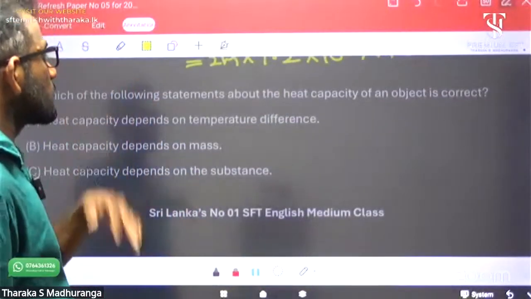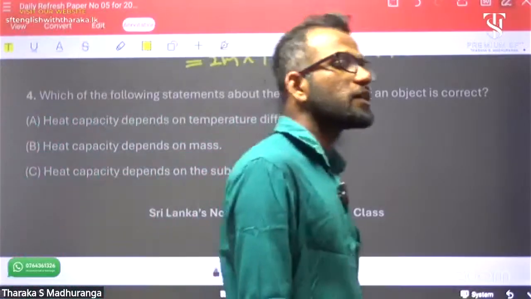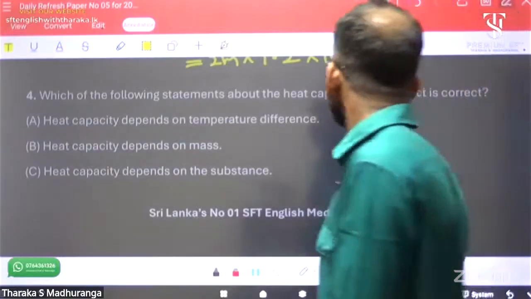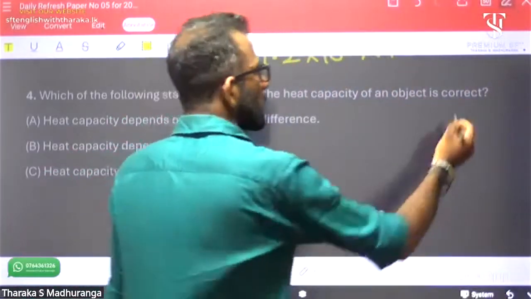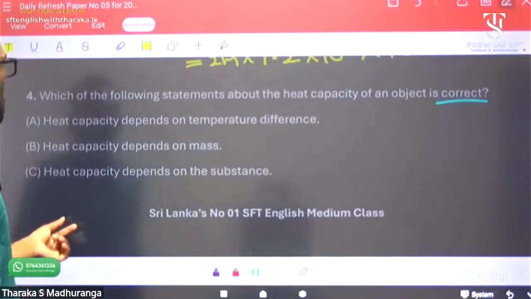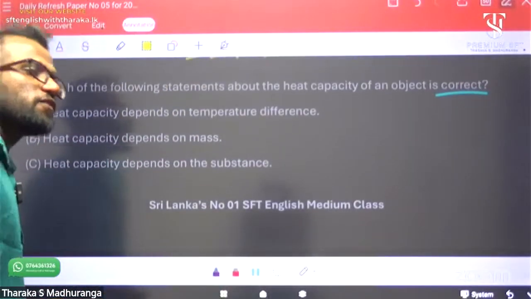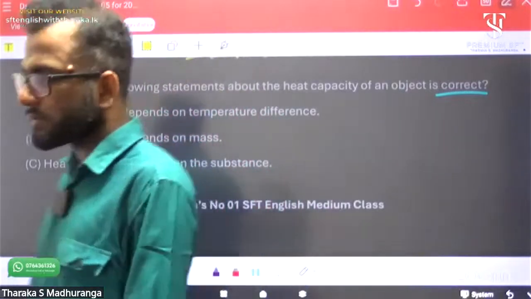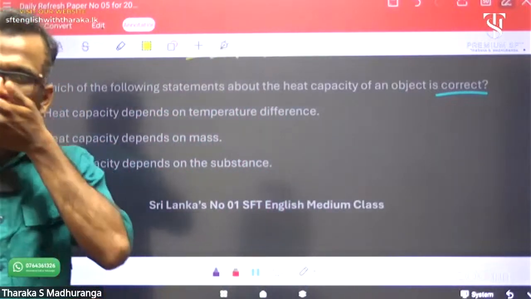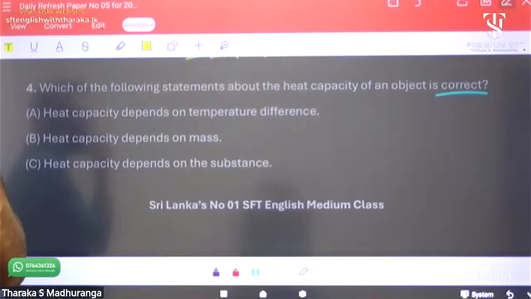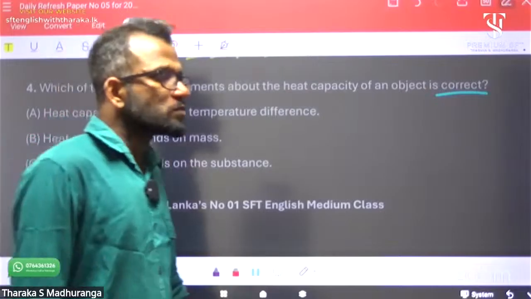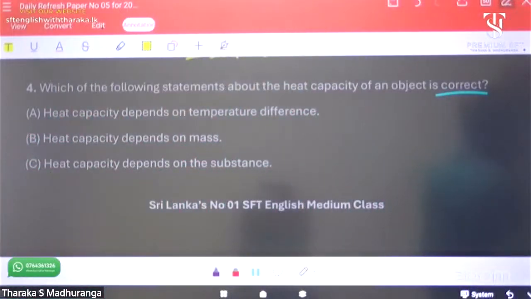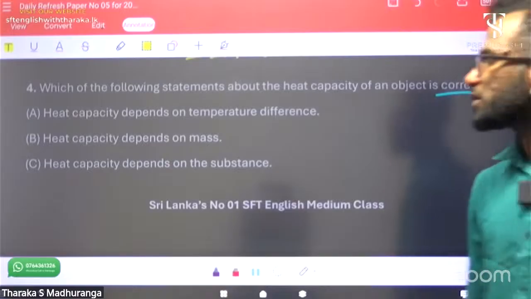Which of the following statements about the heat capacity of an object is correct? Heat capacity depends on temperature difference. What do you think? Is it correct? Dini, what do you think?